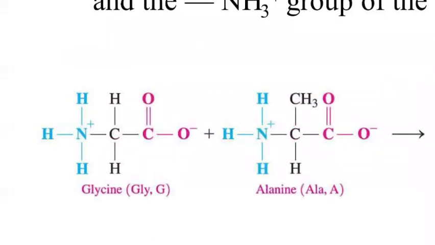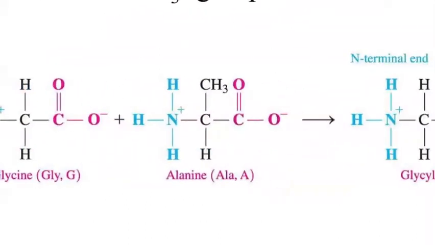Now, understand that these two amino acids are going to come together via a condensation reaction. Remember condensation reactions. In this condensation reaction, which is actually called amidation, we are going to be unifying the carboxylate.